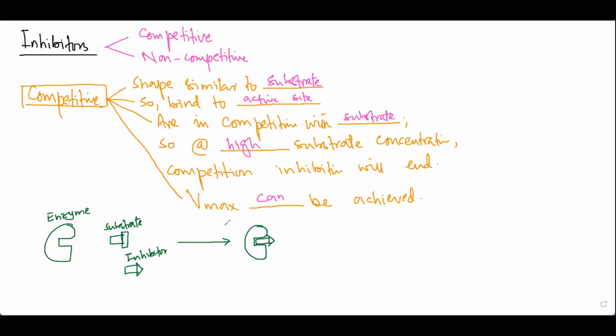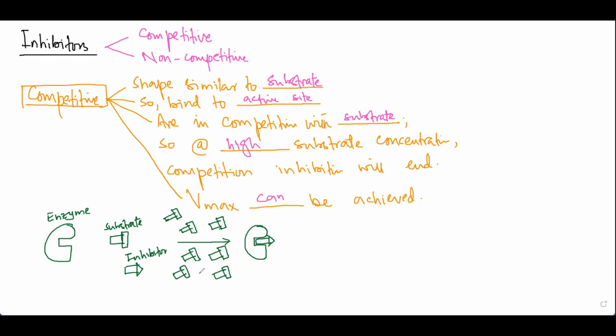But if you increase the amount of substrate too much, there are too many substrates. So the inhibitor will find very little chance to bind to the active site if we increase the substrate concentration. At higher concentration of substrate, we can assume all the active sites are busy with the substrate.